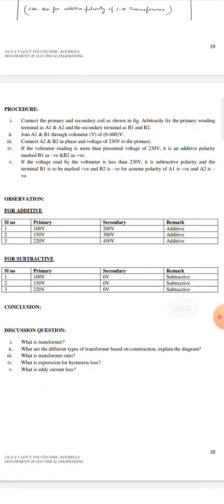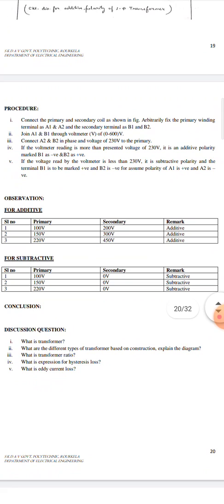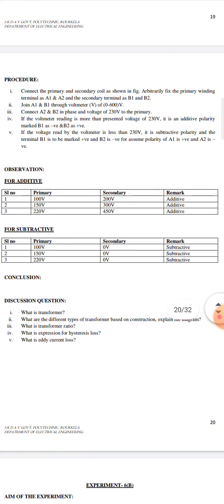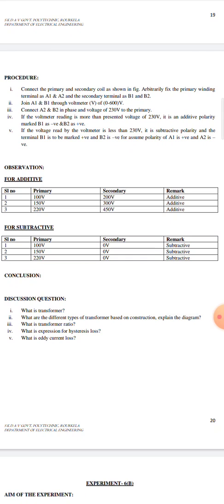Connect the primary and secondary as in the diagram. Arbitrarily fix the primary winding terminals as A1 and A2 and the secondary terminals as B1 and B2. Join A1 and B1 through a voltmeter. Connect A2 and B2 in phase and apply a voltage of 230 volt to the primary.